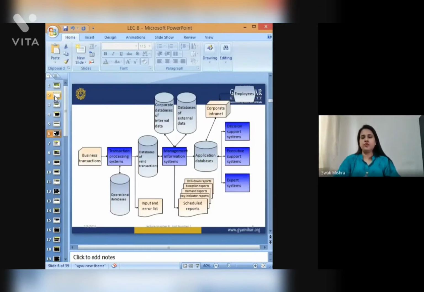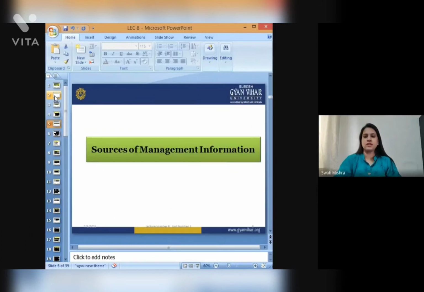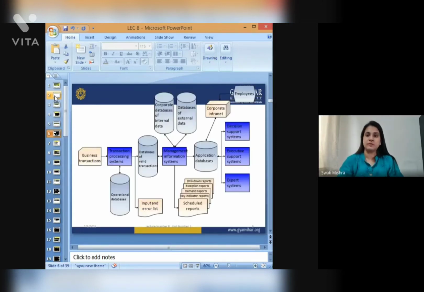If we try to understand what the sources of management information are for a management information system, there is a small schematic depiction on your screen from which you can understand the different sources of data.